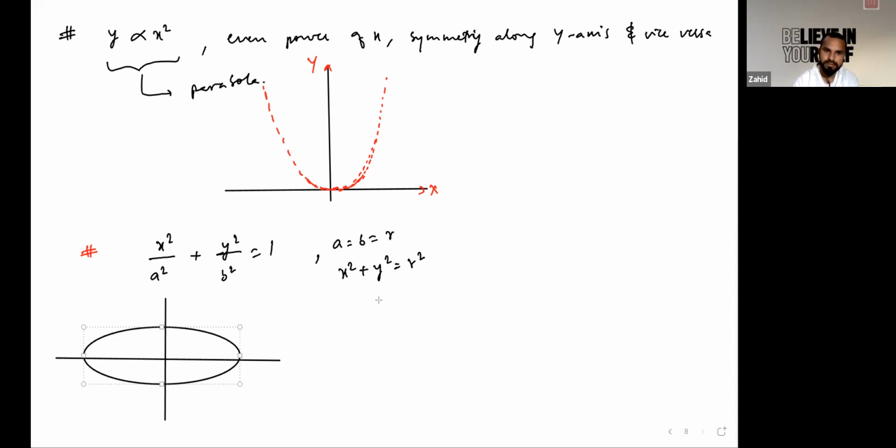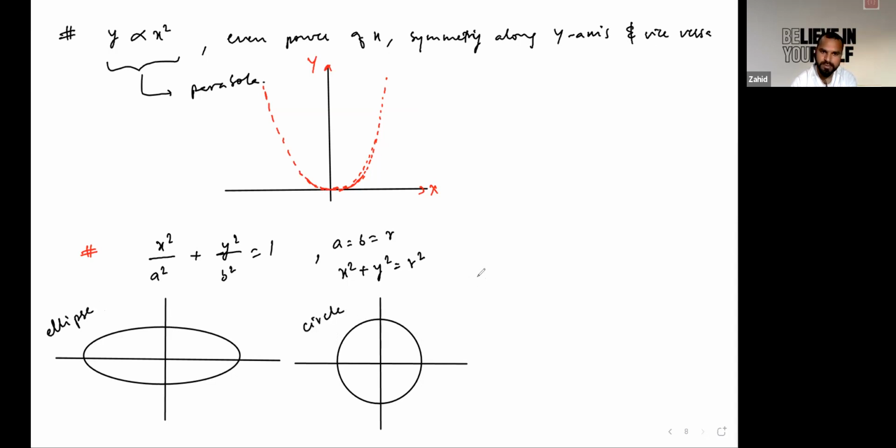So this will be an ellipse. And if a and b are equal, it will cut both axes at the same distance, so it will be termed a circle. So this is your ellipse. This is your circle.